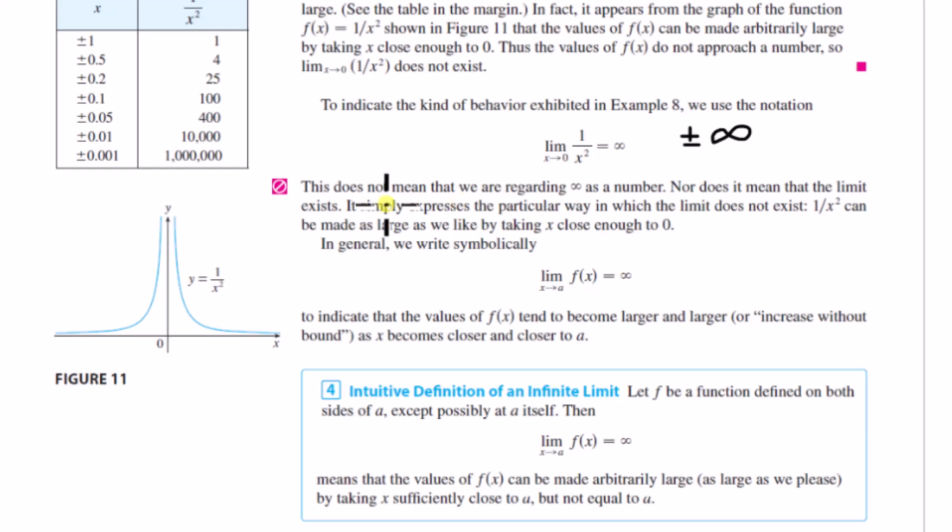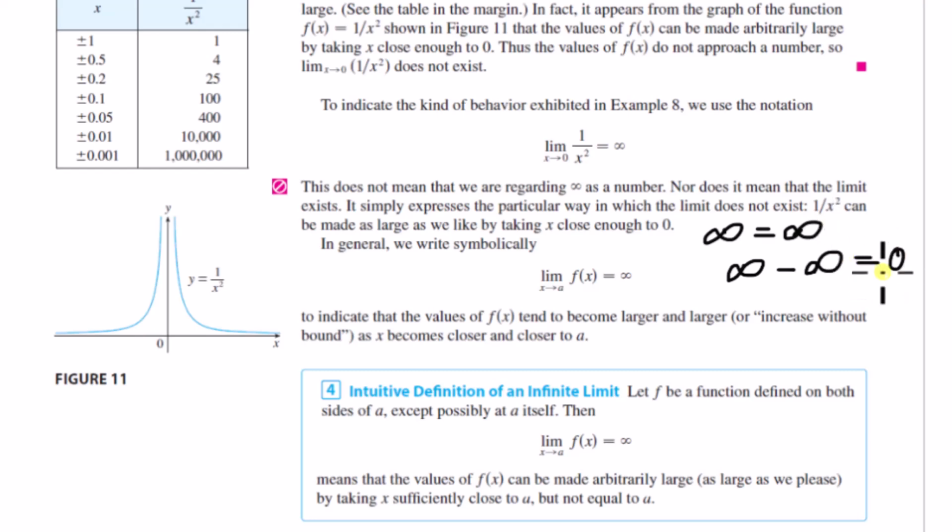All right, so what did they mean here by that infinity is not a number? Well, infinity is not a number in the sense that it doesn't make sense to make a statement like infinity is equal to infinity, or an equivalent type of statement would be to say that infinity minus infinity is equal to 0.